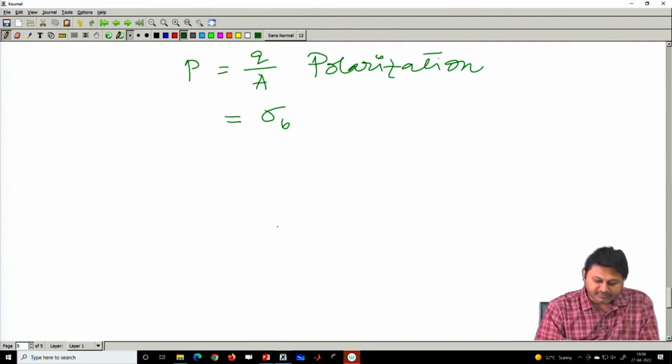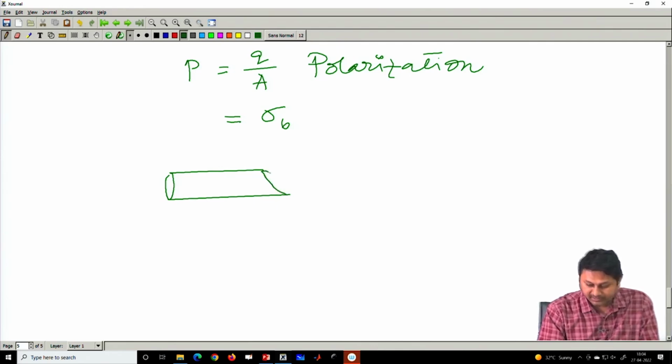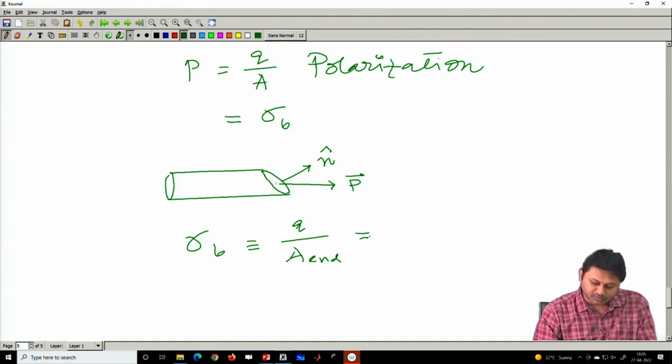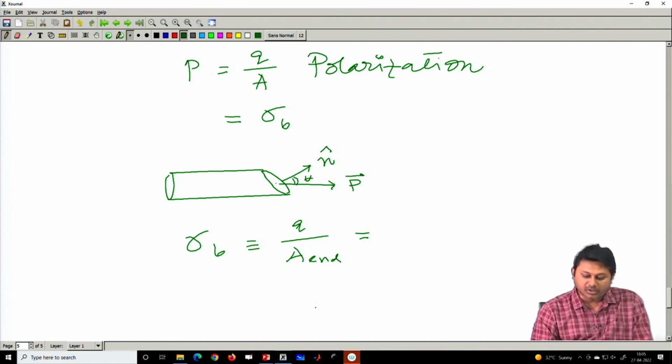Well, in general, if there is a surface like this and the n is along this direction, that is the direction normal to the surface, and my polarization P is along this. So, this sigma b is simply q divided by whatever the area we are having, and if this angle is theta, I need to take the cos component.